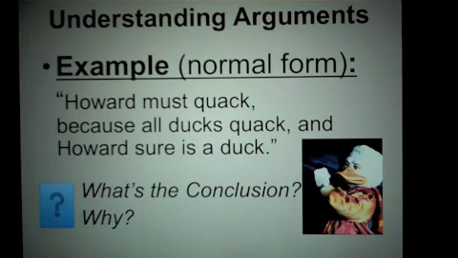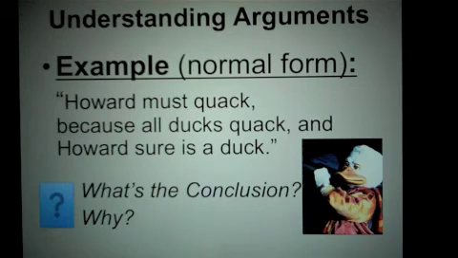So what I want to do right now is give you an example, a sample argument in normal form, in regular, everyday written out English, and have us try to figure out which part of this argument is the conclusion, which parts are the premises, and why you think the part you pick as the conclusion is the conclusion.